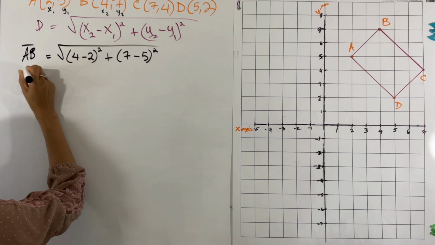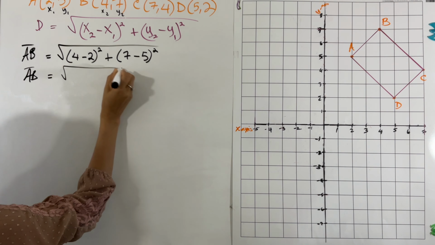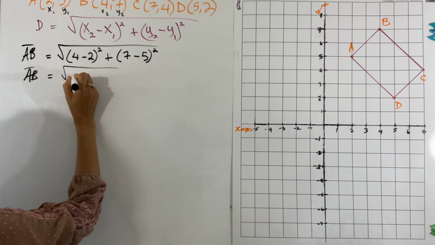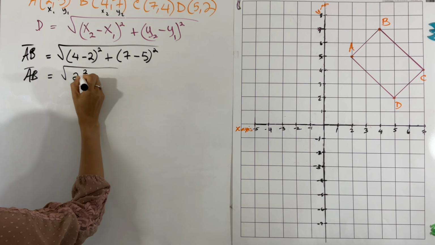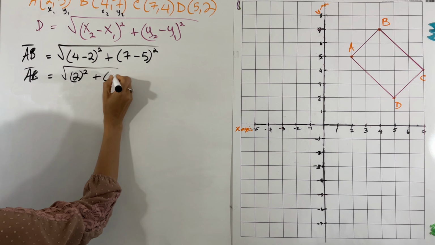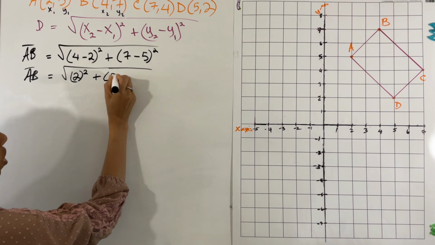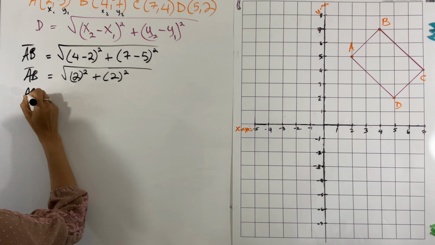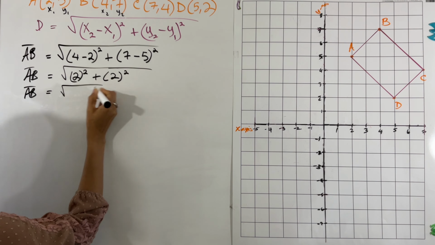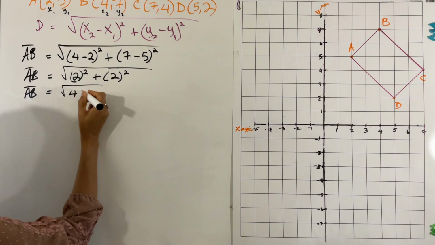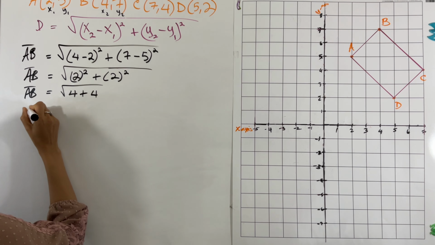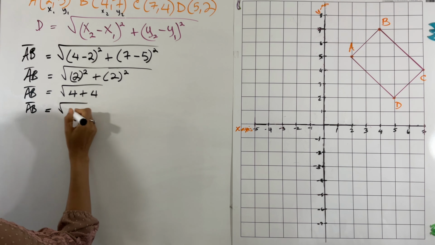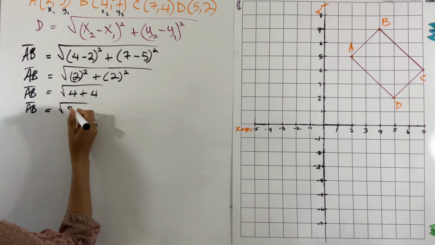So the length of AB is going to be the square root of 4 minus 2 is going to be 2 to the second power, plus 7 minus 5 is also going to be 2 to the second power. So segment AB is going to be the square root of 2 to the second power is 4 plus 4. So segment AB is going to be the square root of 8.